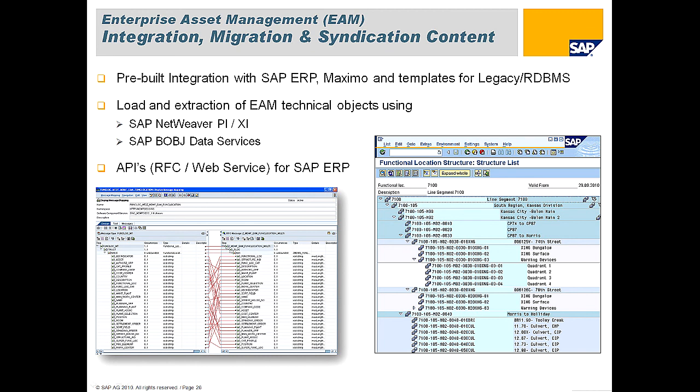Now, in all the integration and migration solutions, we have 2 flavors. One is using business object data services, and the second one is using process integration, NetWeaver PI. NetWeaver PI we leverage typically for real-time or near real-time integration, whereas if it is mass batch-oriented integration and migration, we leverage the business object data services.